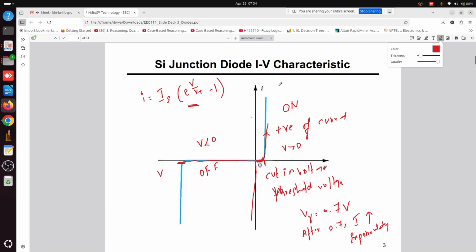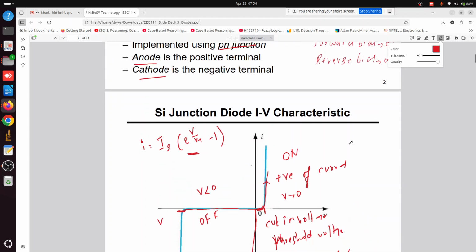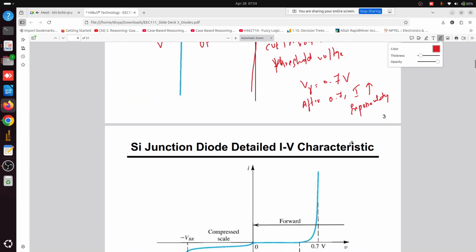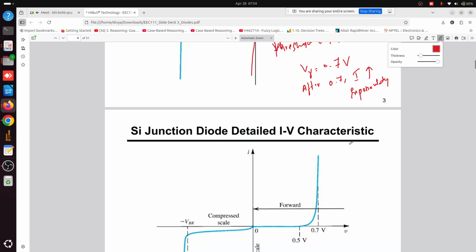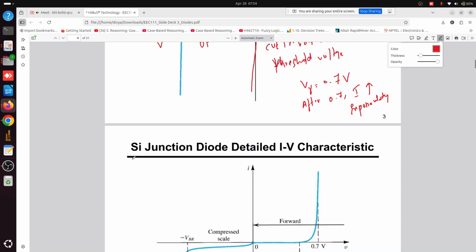I also want to tell you some differences between the ideal diode and the practical silicon diode.